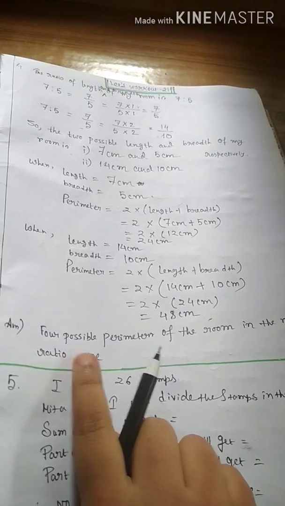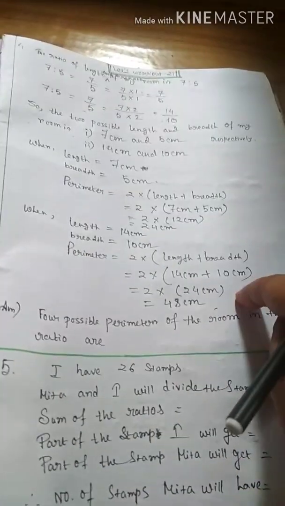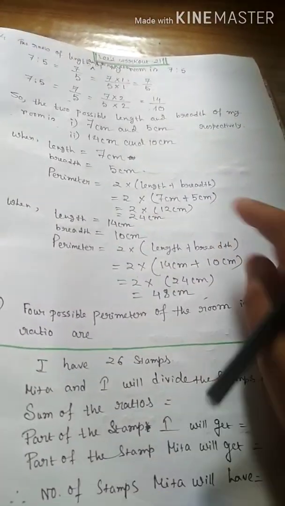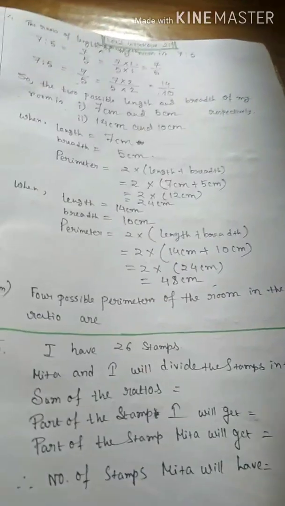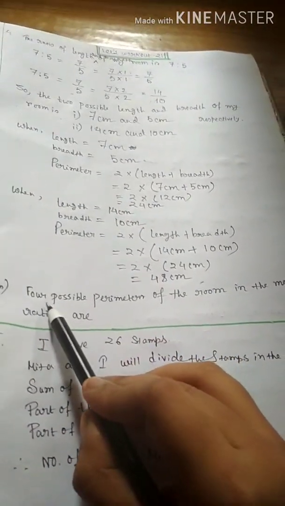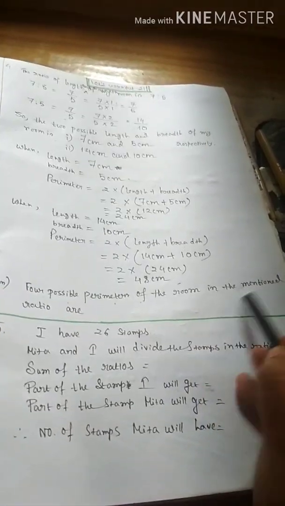You will find 4 perimeters. Here I have shown you 2 cases, but you will find 4 because another 2 I am leaving for you. So the final answer is 4 possible perimeters of the room in the mentioned ratio.